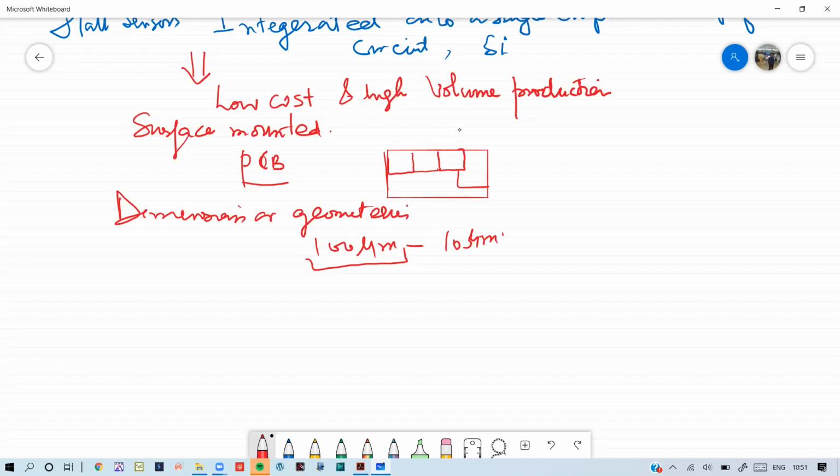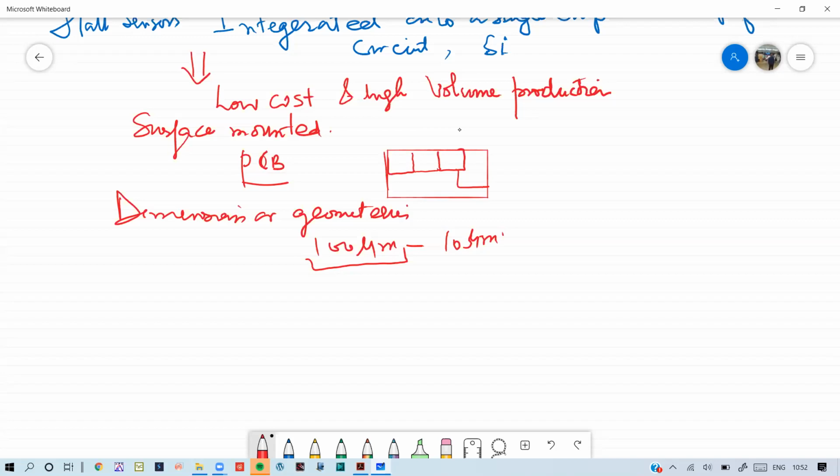Okay, and the circuit density, that means the components of the circuit on a single chip, is extremely high, allowing complex circuits. That means we can design many components. If we have a very large complex circuit which does not include a single Hall sensor, it is a circuit used for some other purpose.